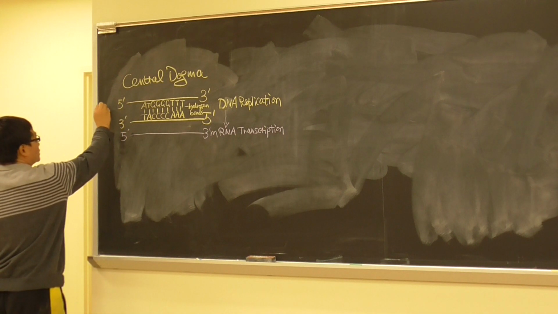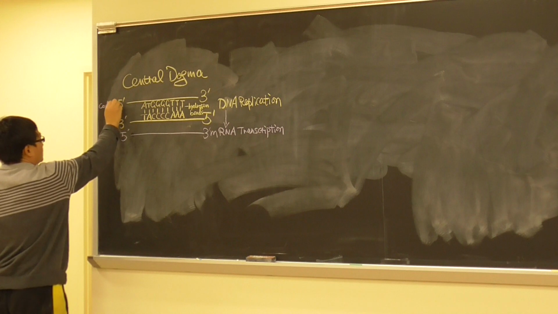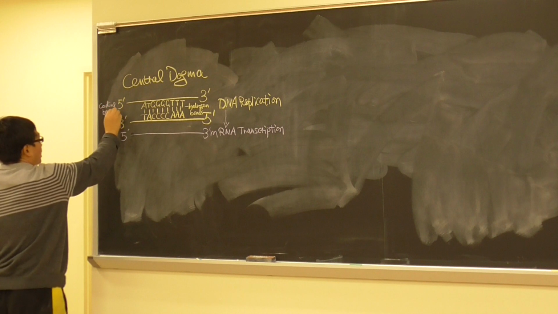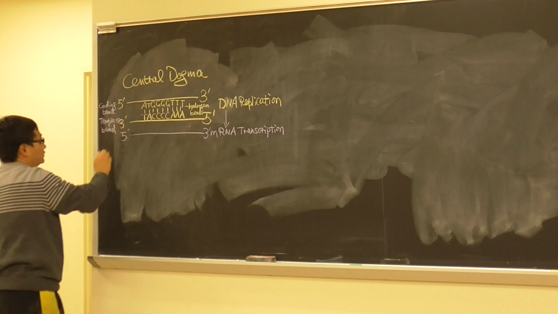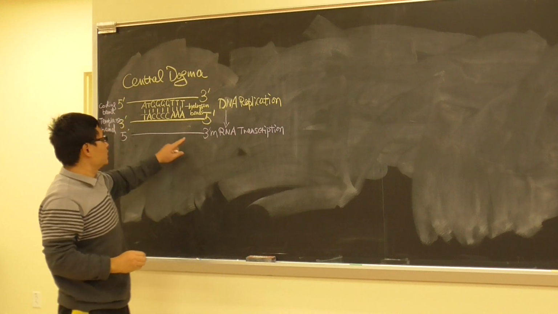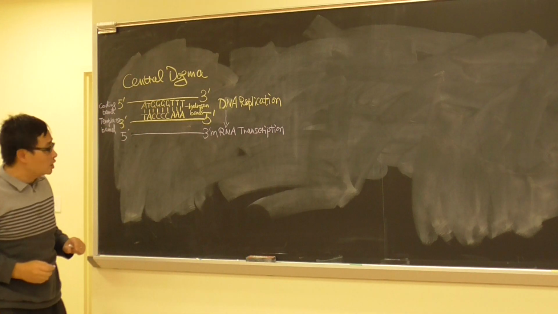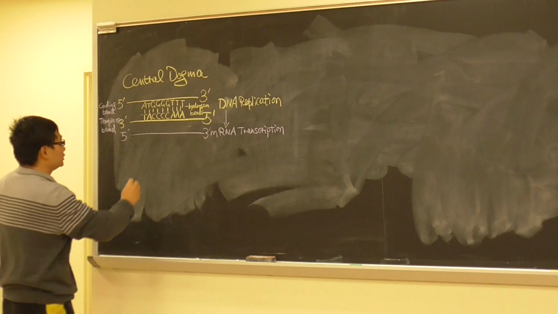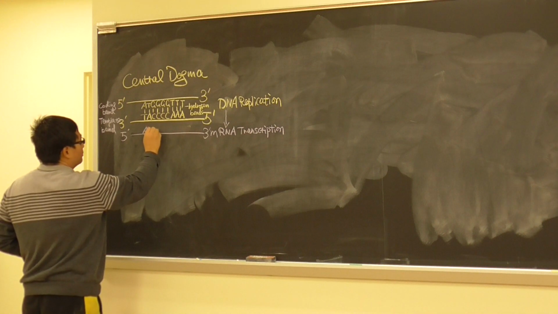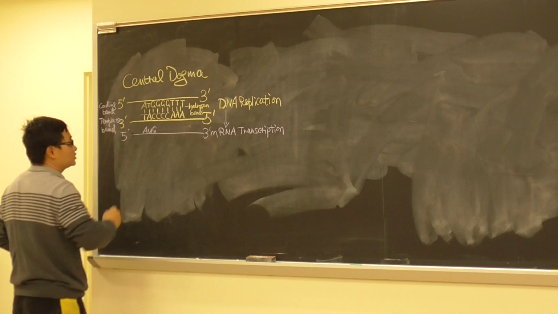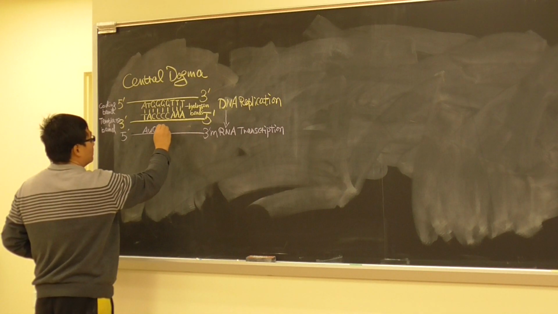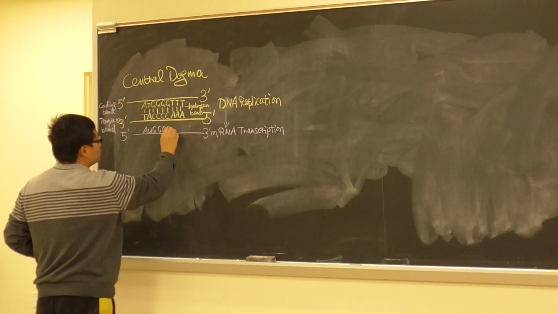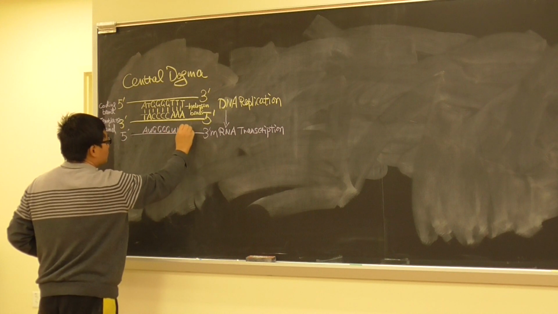The top one we call the coding strand, and the bottom one is the template strand. And this RNA sequence should be exactly the same as the coding strand. The only difference is that instead of T, thymine, you have uracil, which is U. So this becomes AUG, GGG, and UUU.